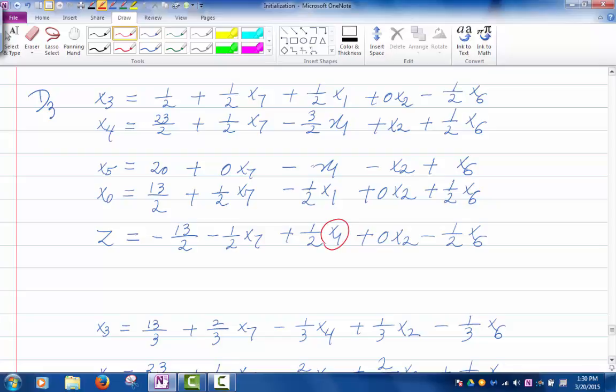And then what would be the leaving? Well, again, we have to delete all the columns except for the constant and the column for x1. So look at, let me highlight them. I'm looking at the constant column.